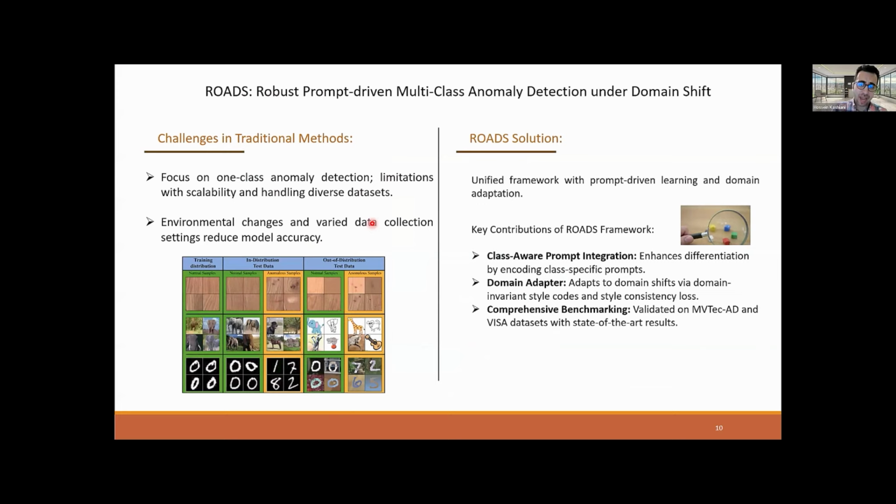Another important challenge of conventional anomaly detection is that, because of the nature of training these anomaly detectors in an unsupervised way, they only see the distribution of the normal data and try to mimic it. But at test time, when we have a distribution shift at inference time, these networks cannot distinguish between the distribution shift and the abnormal data, and the performance of these anomaly detectors drops significantly.